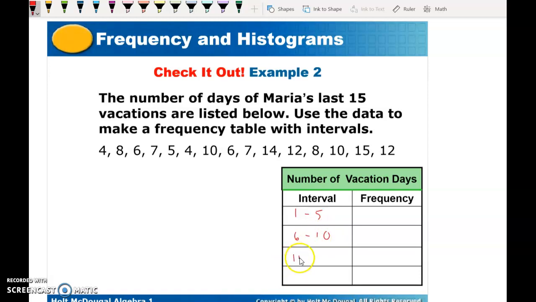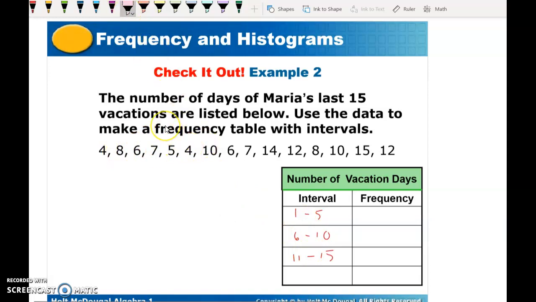And then 11, 12, 13, 14, 15. I only got 3 intervals out of that, but that's okay. You kind of get to make choices about your intervals. So it works out here that we have 3 intervals, and that makes sense because they're each 5 long, and that's fine. All right, so let's count how many numbers are in each interval.